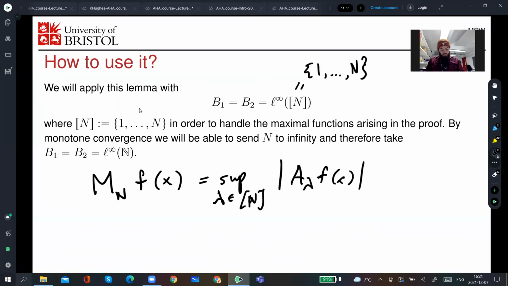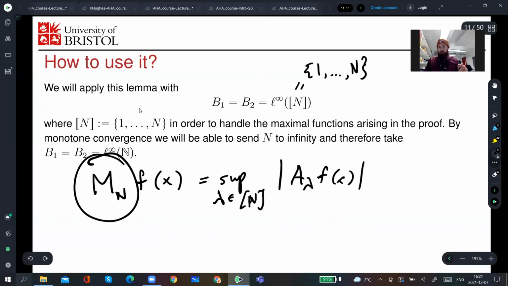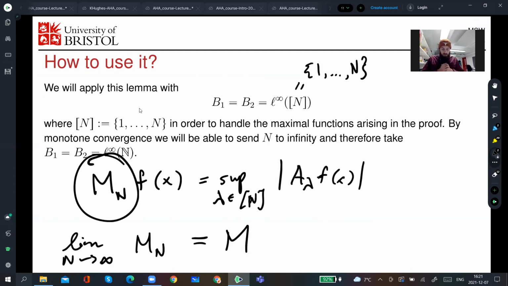And then I prove the Magyar-Stein-Wainger theorem for each M_n. And I prove bounds that don't depend on n at all. Then I say monotone convergence means that I can actually take the limit as n goes to infinity of M_n, which actually equals M, because it's increasing monotonically, and conclude the same theorem holds for M.